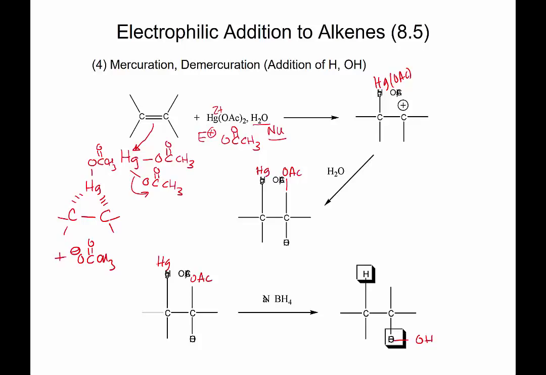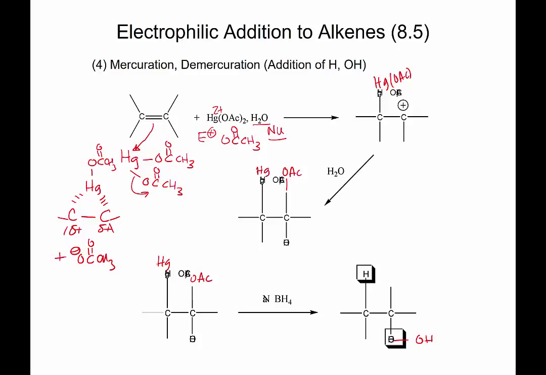Mercury is big enough, like bromine, where it can sit on top of the double bond and simultaneously bond to both carbons. So this mercurinium ion is going to have the same characteristics as a bromonium ion. The mercury is big enough to sit over both carbons, and both carbons are going to share the delta plus charge.